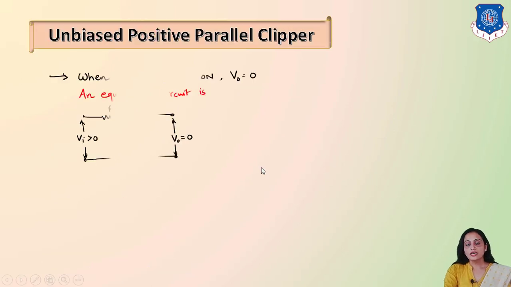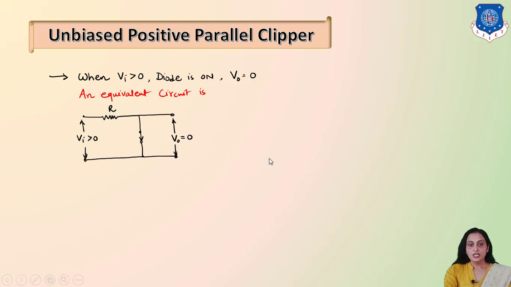Again, I will show you the analysis in detail with the equivalent circuit. So when Vi is greater than 0, as we had seen in the previous slide, the diode is on, and it is shown with the switch closed, and that is why, as these two points are short circuited, output voltage is equal to 0.